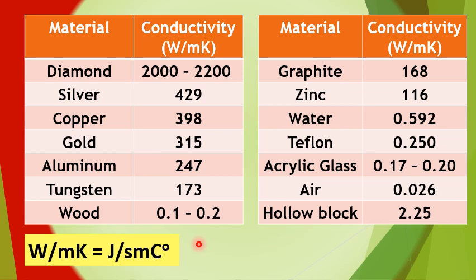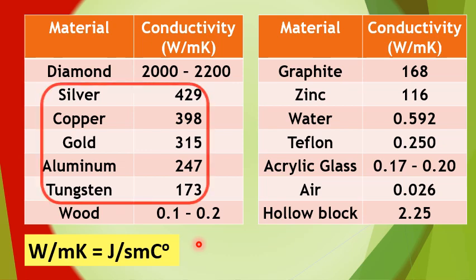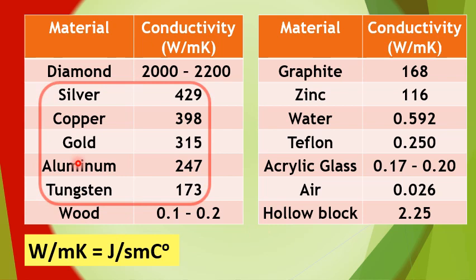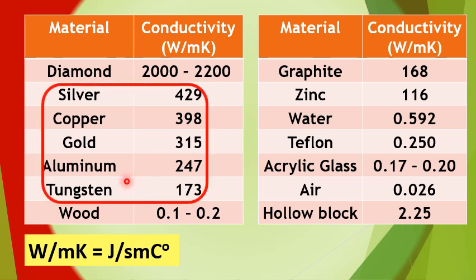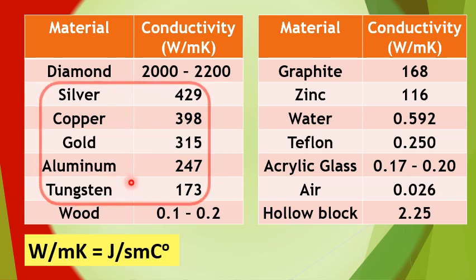Notice also that most of these materials with high values of k are the common metals, like silver, copper, gold, aluminum, and tungsten, which we know are also good conductors of electricity.